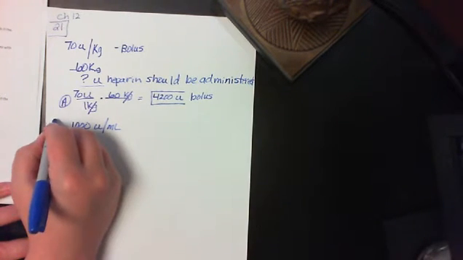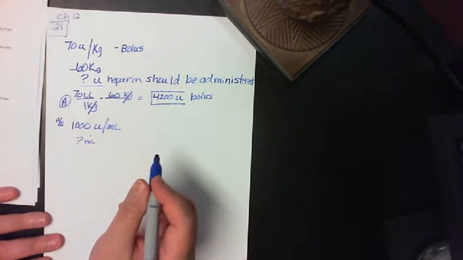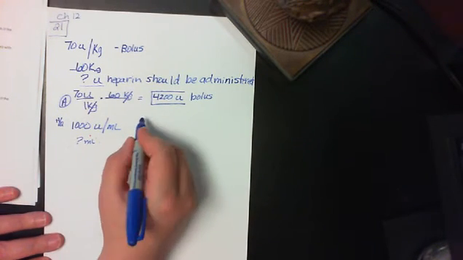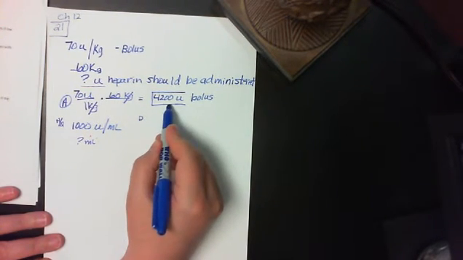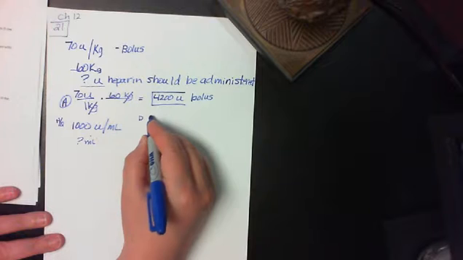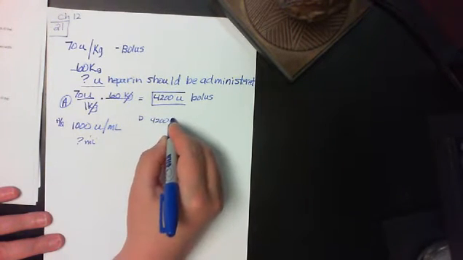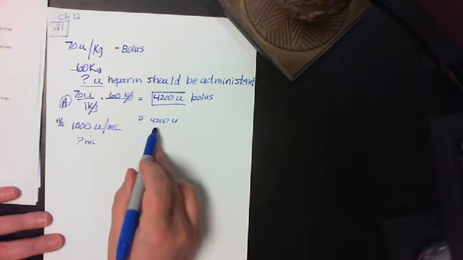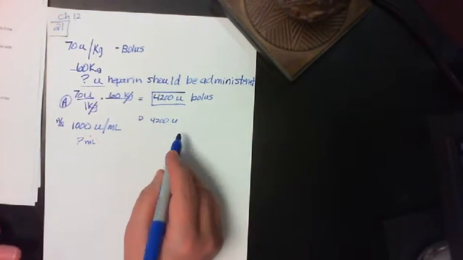So this would be our have quantity. But now we need our desired to fill all these problems in. And this new one here is going to be our new desired because we just solved that up. So that would be 4,200 units for that bolus.